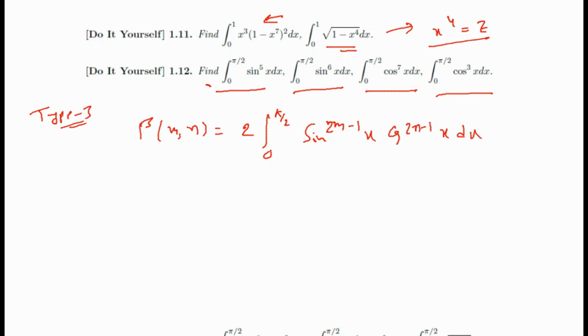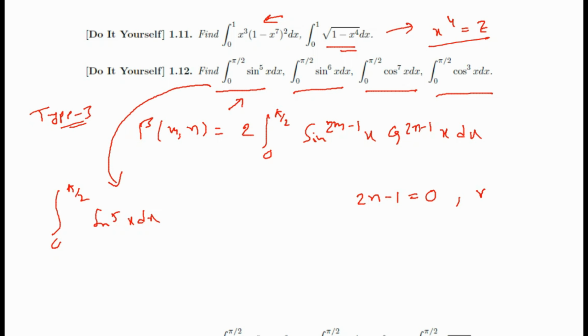Now for the first one, you can see, just compare these two and you will get 2n minus 1 equal to 0, actually integral 0 to pi by 2 sine 5x dx. Now if you put 2n minus 1 equal to 0, that means n equal to half, and 2m minus 1 equal to 5, that means m equal to 3.